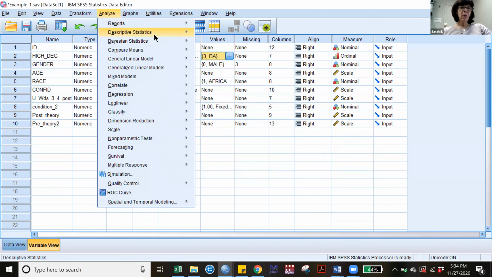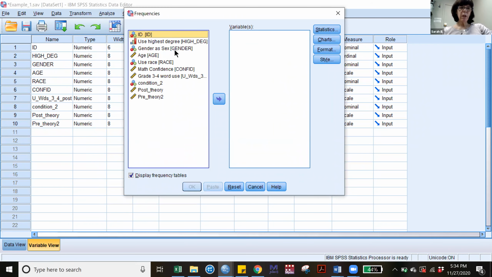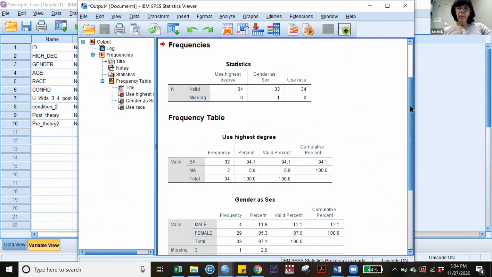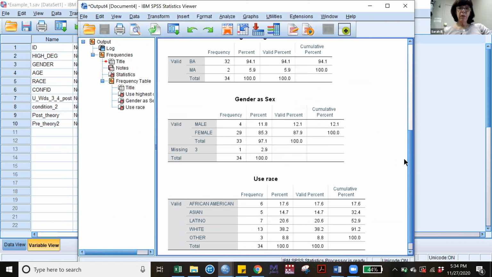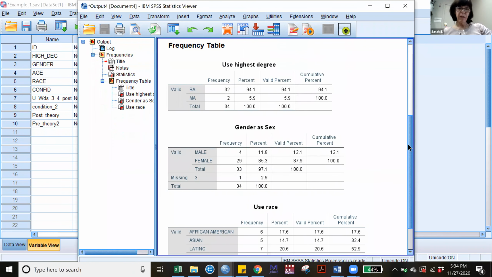So we're going to use the frequencies menu to look at our categorical or ordinal variables. That's the highest degree earned, the gender, which is reported here as sex, and the race. And remember that the frequency tables are reported in SPSS by default.